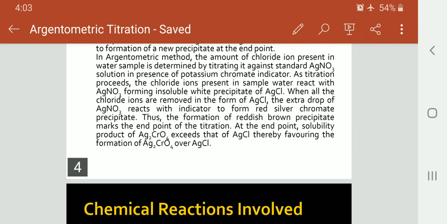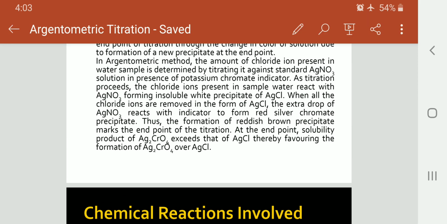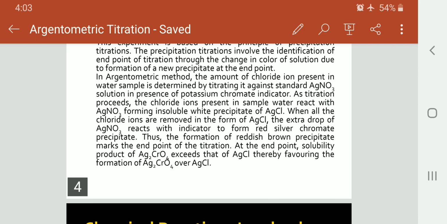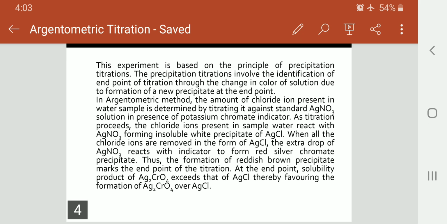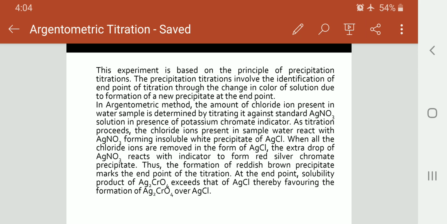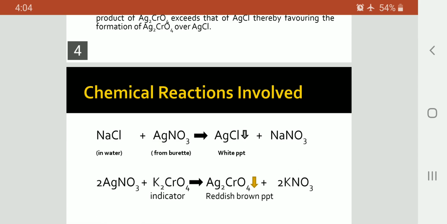Now, once the silver chloride is formed and all the chloride ions have been removed in the form of silver chloride, when one extra drop of silver nitrate is added, it is going to react with the indicator to form silver chromate.